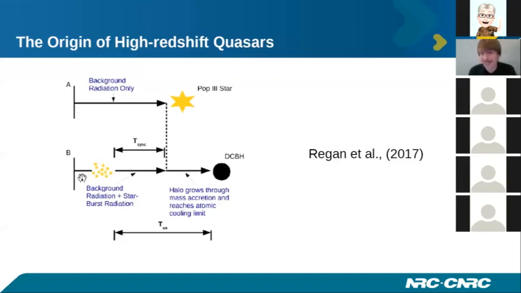And this, we think, is how you might be able to rapidly produce a single massive object that can collapse to form a massive direct collapse seed black hole.